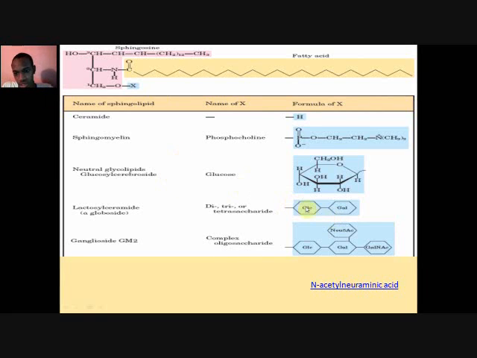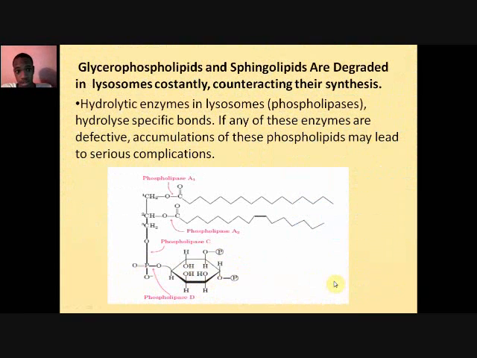And if you have di-, tri-, or monosaccharides, we call it a globoside. And if you have oligosaccharides attached, we call it a ganglioside, GM2 in this case. And here we see NANA, which is representative of N-acetylneuraminic acid, a type of sialic acid, as we mentioned previously.